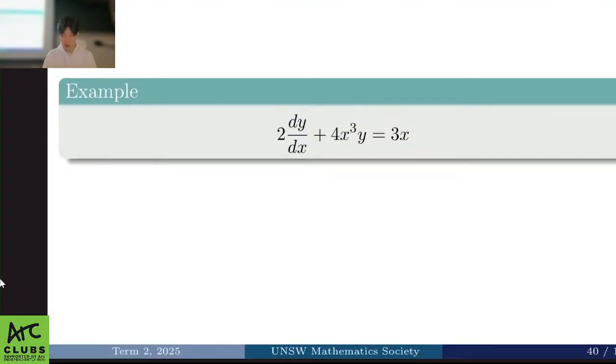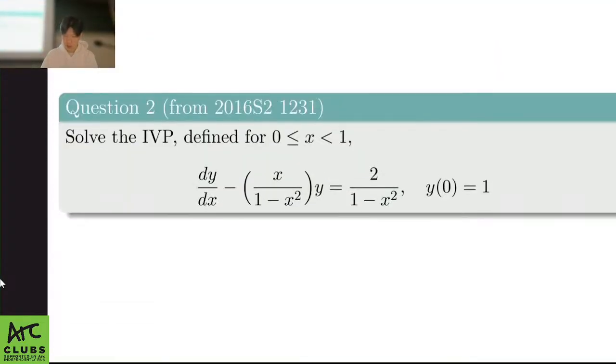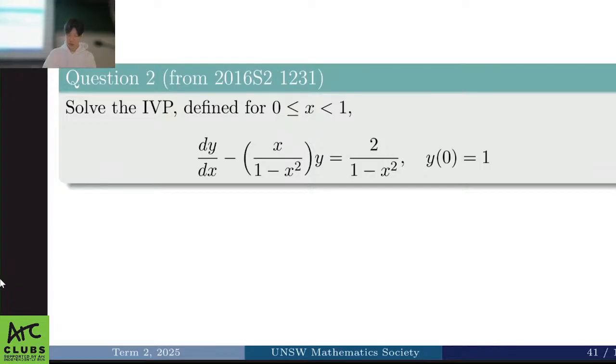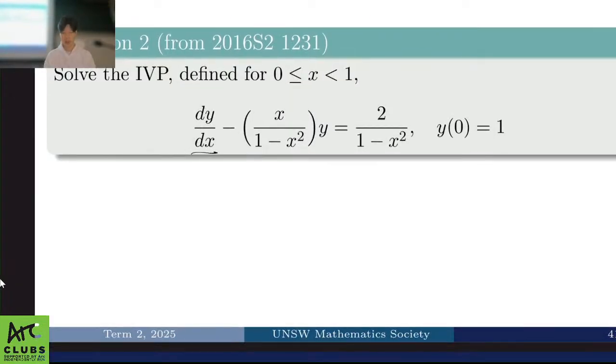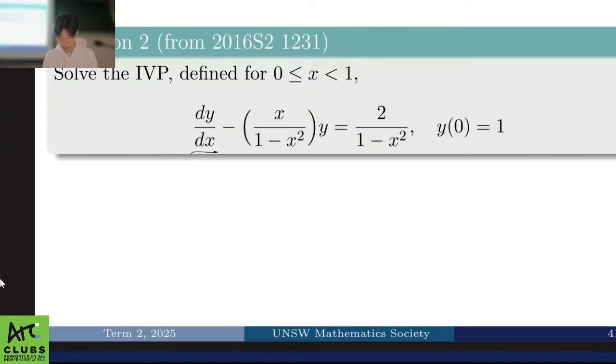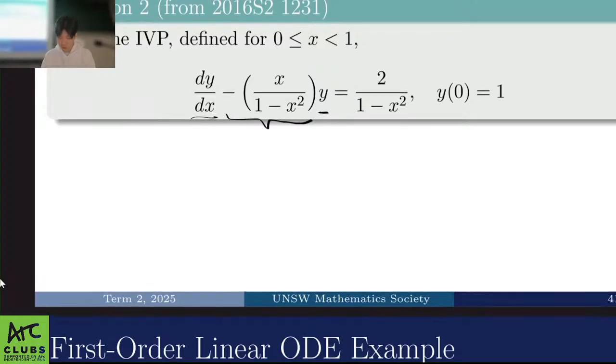So this is what an example looks like. I can see it's a first order linear because it's dy/dx on its own. It's not a second order. We have some function of x in terms of y, and I have some function of x here.